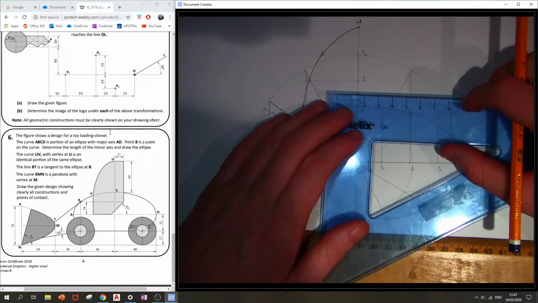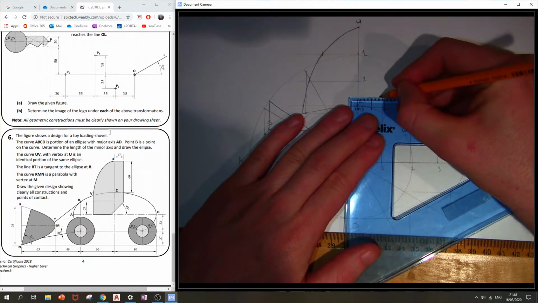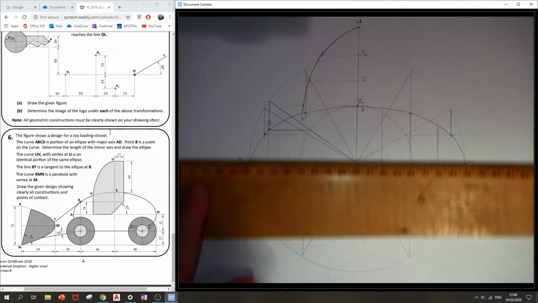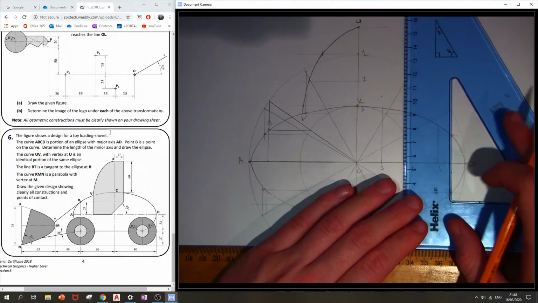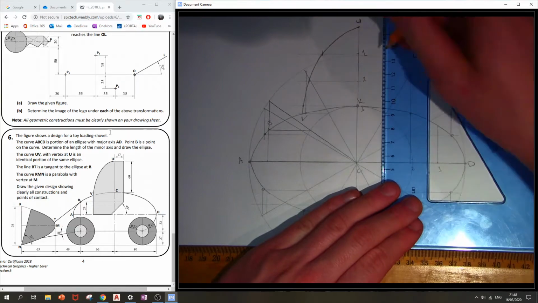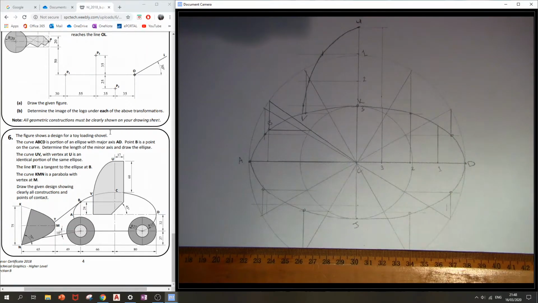We're told that the width coming out from that is 17, so I'll come out 17 millimeters, because there's 15, 16, 17. And that joins back up here like this. So there we go.